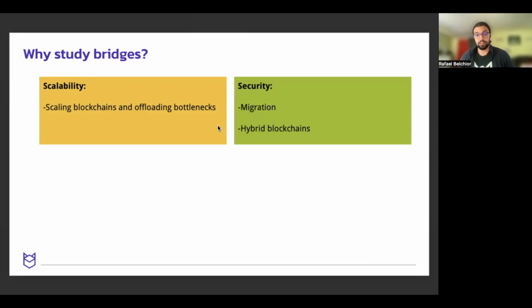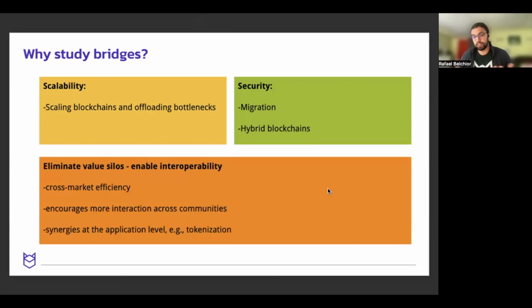Besides, we can study interoperability from the perspective of security. So how can we peg our weaker chain or centralized system to a more decentralized system to promote better security? How can we migrate our decentralized app, our infrastructure, to another blockchain in case there has been a hack or in case there are more interesting features on another blockchain?